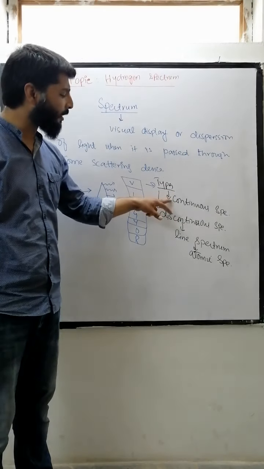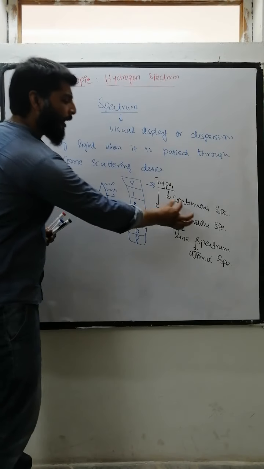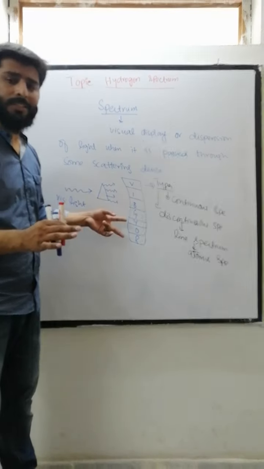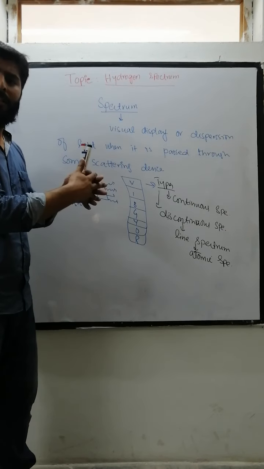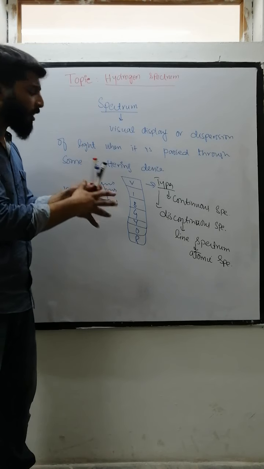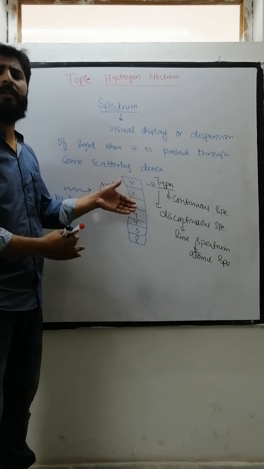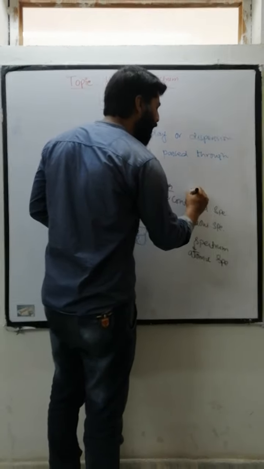What is the difference between continuous and line spectrum? Dear students, in continuous spectrum, there is no sharp boundary between the colors. If all of them are merged into one another, and there is no specific or sharp boundary between the colors, then it will be continuous spectrum. For example, you have a rainbow.